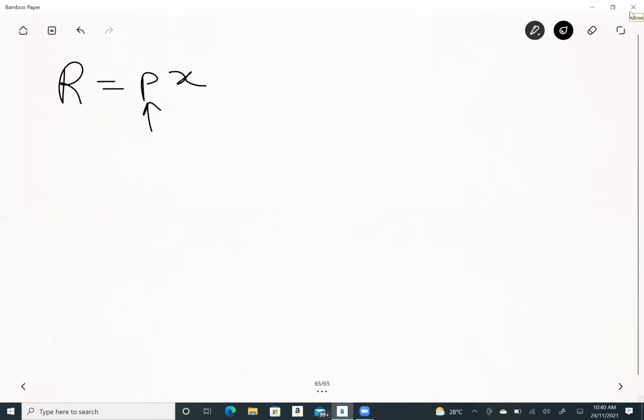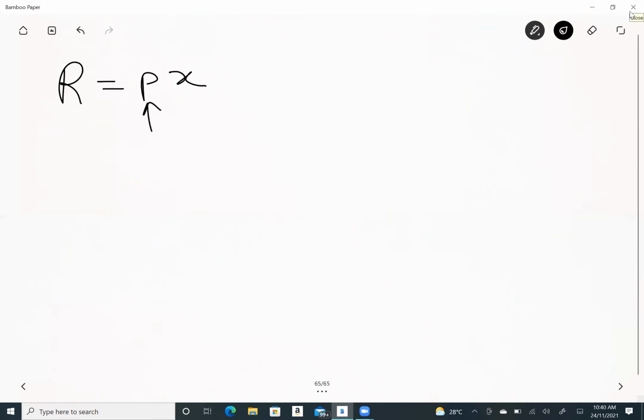So if you see a revenue function which is non-linear, that will be a non-competitive market. Since we consider only two markets, we call it monopoly. So that is the difference.